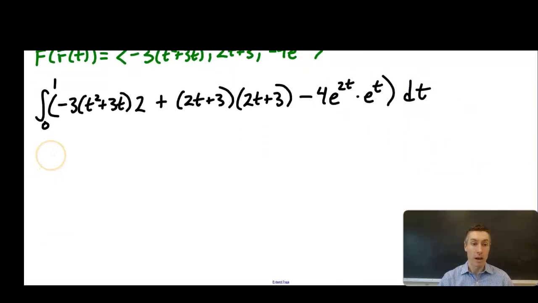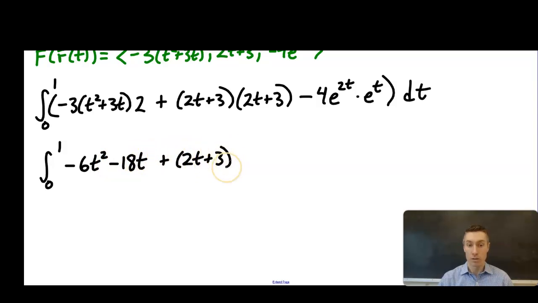So if we clean up this integral, 0 to 1, we'd have negative 6t squared minus 18t plus (2t plus 3) squared. Feel free to distribute that. You can also integrate it if you just condense it as (2t plus 3) squared. And then minus 4e to the 3t dt.